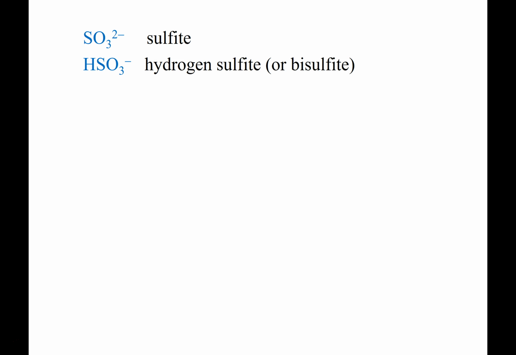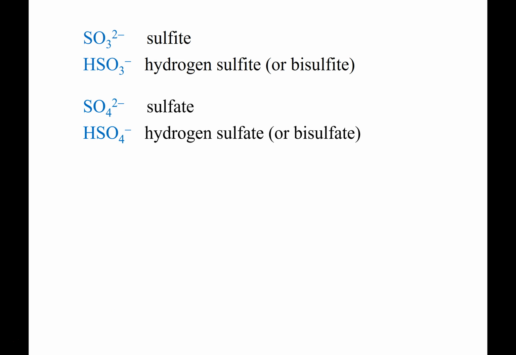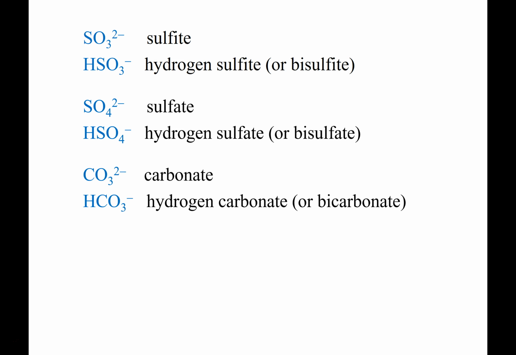Some examples here: sulfite, SO3 2-. We have hydrogen sulfite, which instead of 2-, is -1. Another cluster, sulfate, hydrogen sulfate. And if you learned it or would rather use bisulfite and bisulfate for these two, that works. Carbonate, CO3 2-.